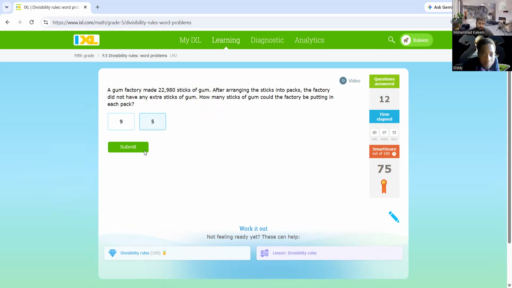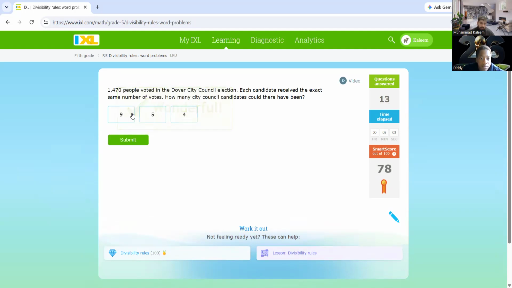So not 5, obviously, and then not 9. How do we check for 9? 1 plus 4 is 5. Then 5 plus 7 is 12.